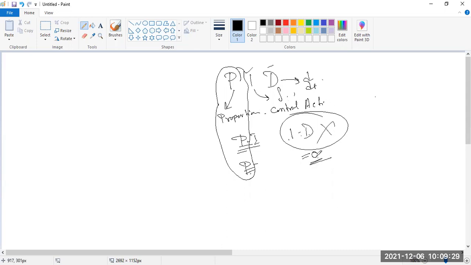Okay, so this is the basic concept of PID, and now gradually we are going for the control valve, control action, and then we go for the PID for each. PID for hydraulic, PID for pneumatic, PID for electronics.